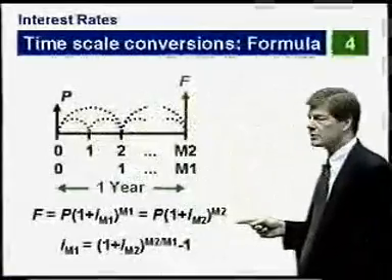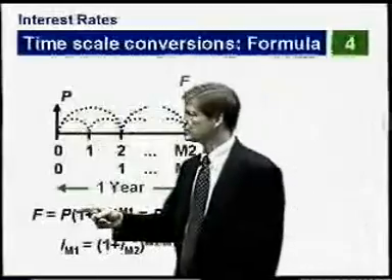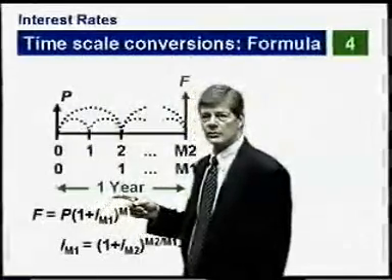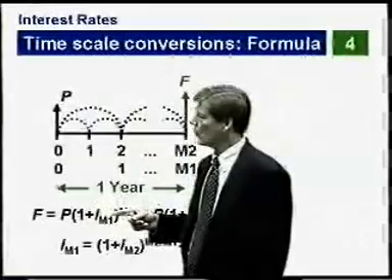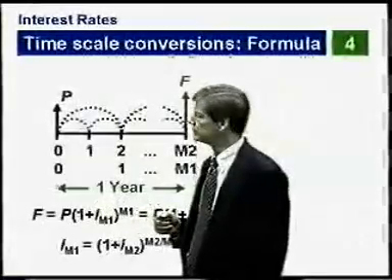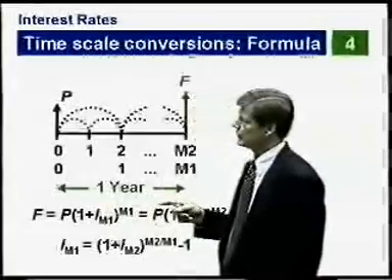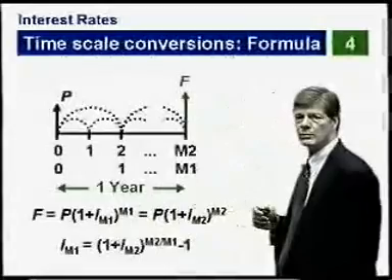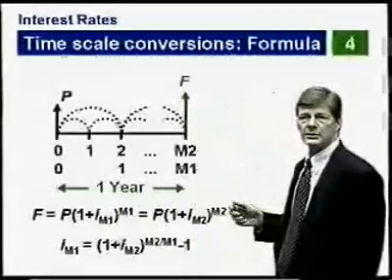I write the formula this way: F is equal to the present sum times 1 plus the interest rate when funds are compounded M1 periods per year, has to be equal to the present amount when those funds are compounded forward M2 periods per year.